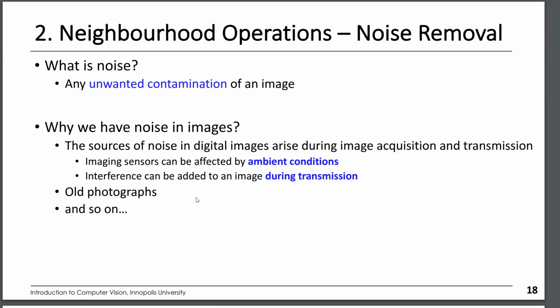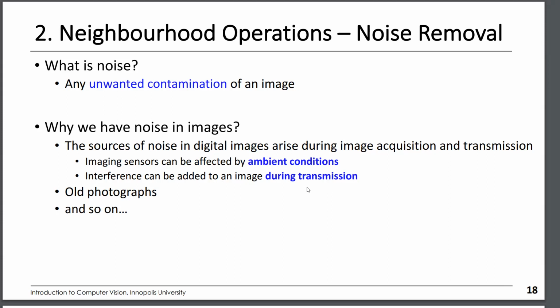So let's speak about how we can apply this for noise removal. What is noise? Basically, noise is any unwanted contamination of an image. Why do we have noise in images? There are many reasons. Some of these reasons can be that the imaging sensors were affected. Interference can be added to an image during transmission.